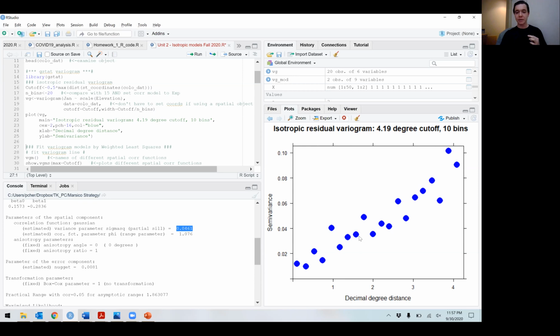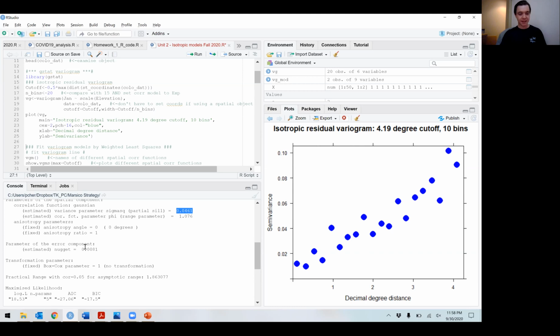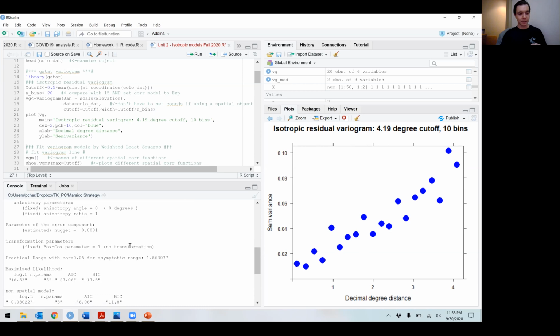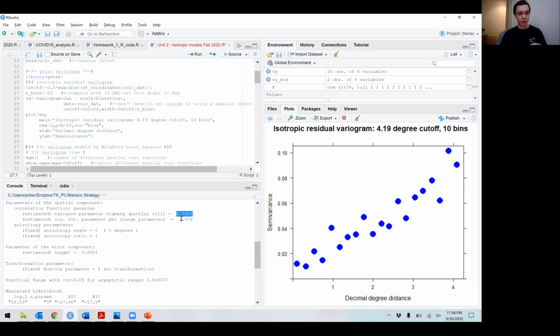If my range is 1.8, then my partial sill can't take me out here. So my effective range was 1.8, and my partial sill was 4.6. Nugget effect is still estimated to be 0. These coefficients hardly change, which is to be expected. The relationship between the range parameter and the effective range is different than that of both the spherical and exponential, because every correlation function has its own effective range computation.